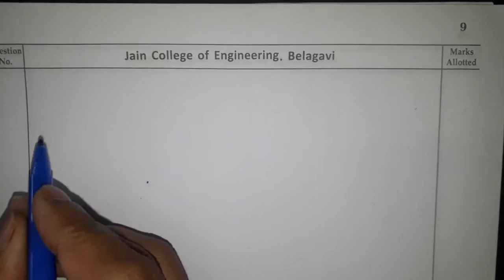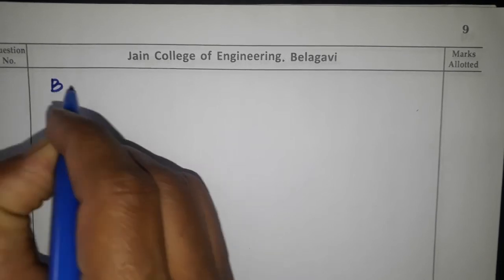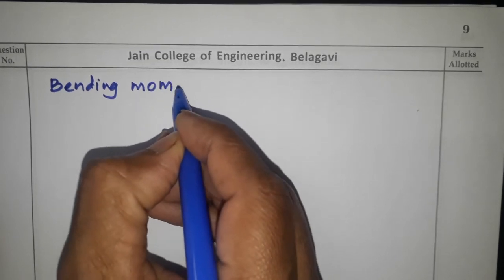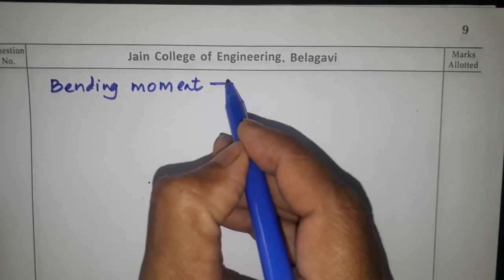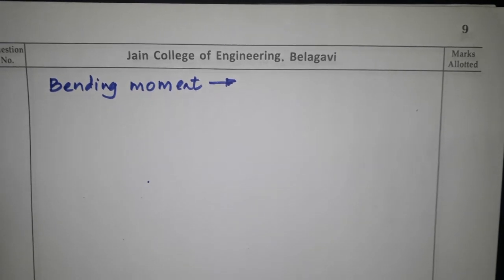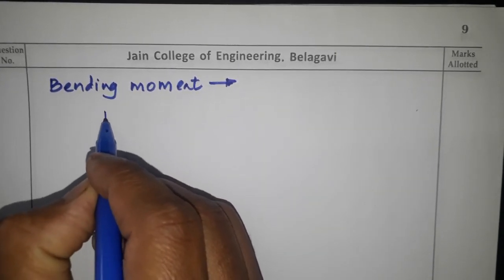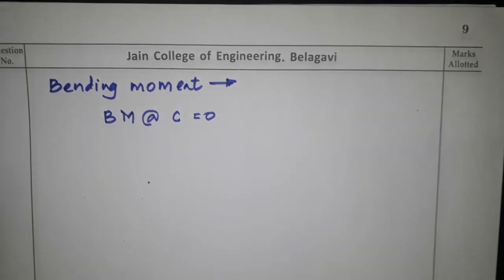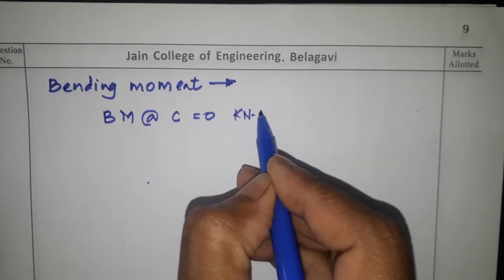So next, bending moment, I'll write it as bending moment. First of all, the bending moment at C is equal to 0 kilonewton meter.